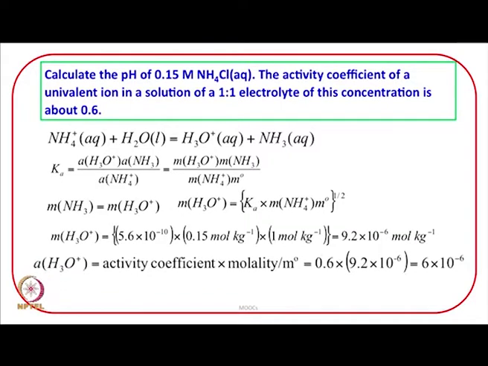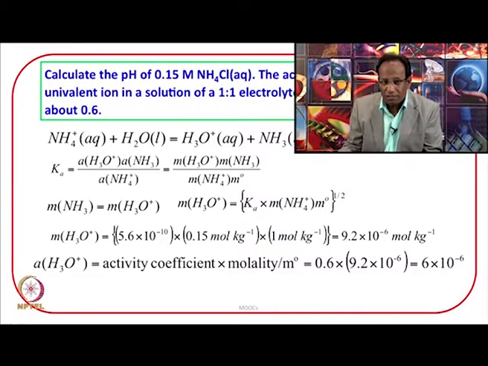Activity is equal to activity coefficient times molality by m naught, which is 1 mole per kg. The activity coefficient is 0.6 and the calculated molality is 9.2 into 10 to the power minus 6. The overall activity comes out to 6 into 10 to the power minus 6.